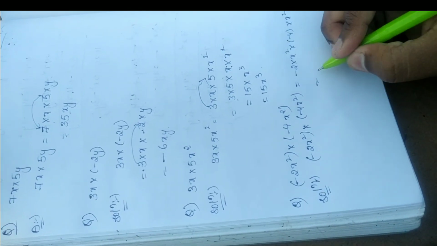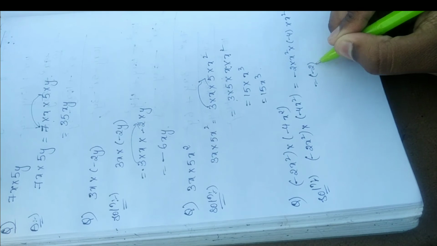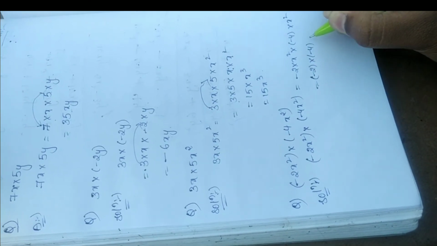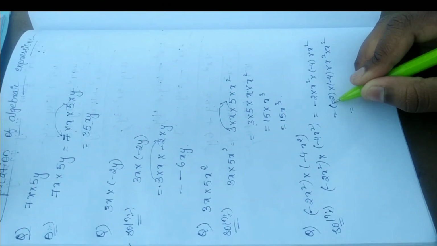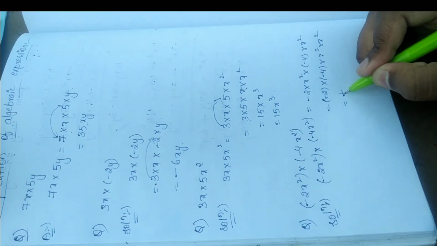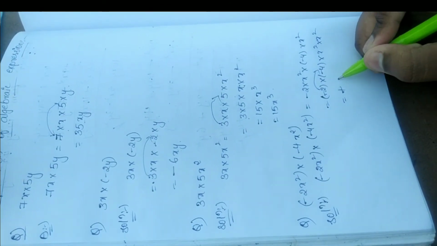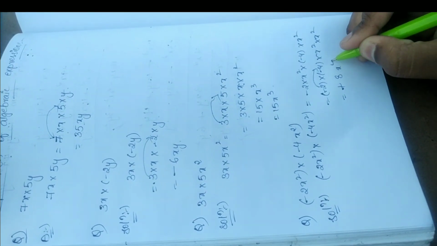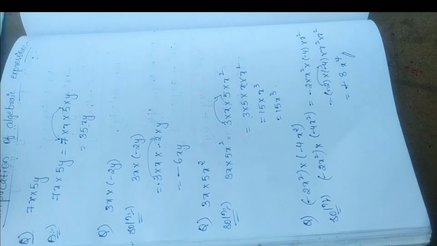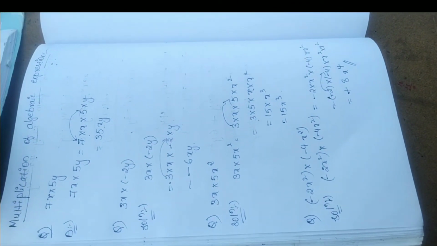Write the constant terms. Minus 2 into minus 4 into x square into x square. Minus into minus, plus. 2 4s are 8. X square into x square, x to the power of 4. This is the solution for this problem.